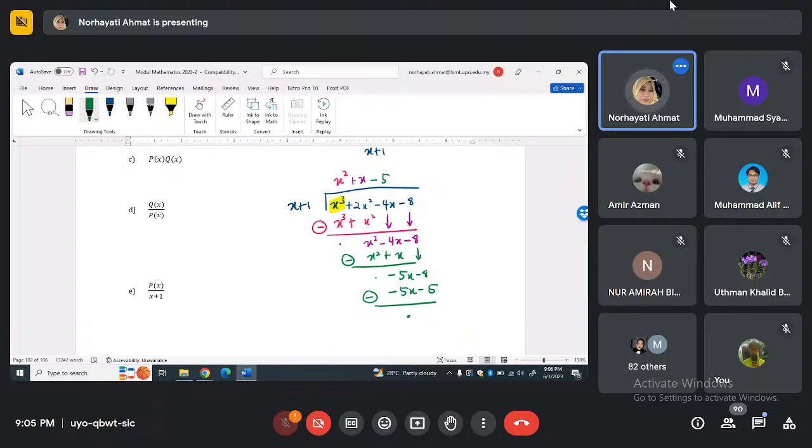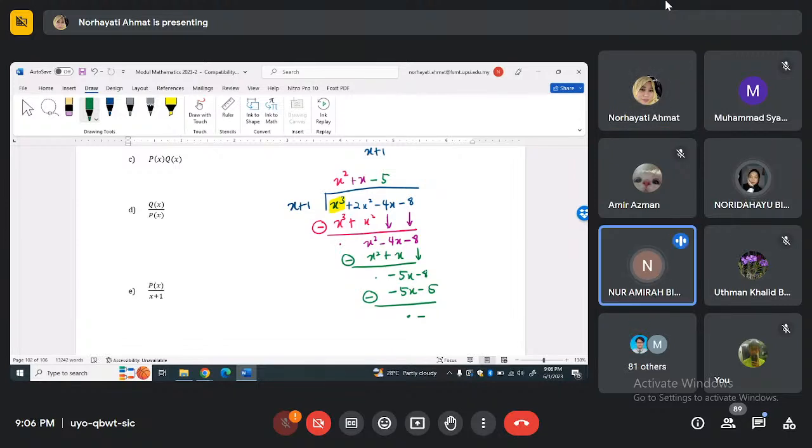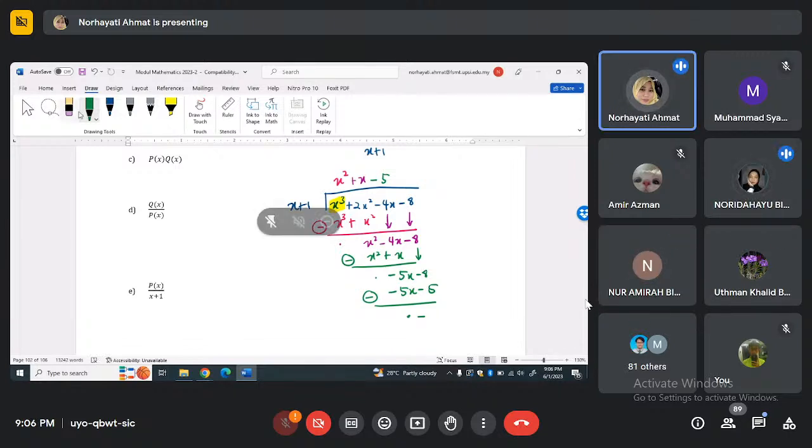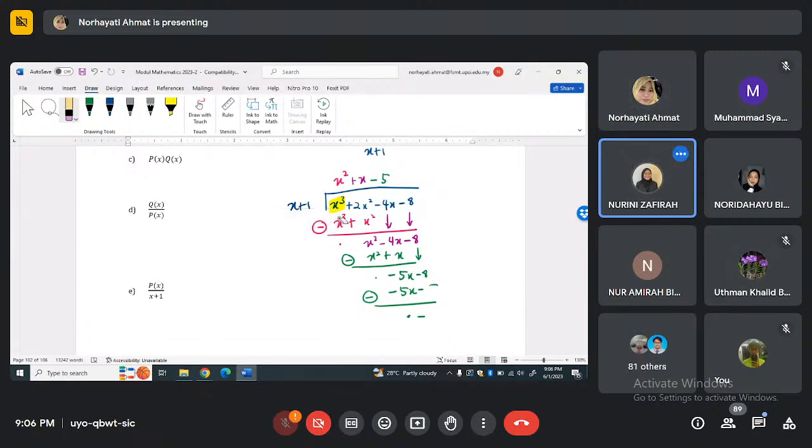So negative 8 plus 5 lah. We get negative 2. Ni, mungkin tulisan saya tadi salah. Negative 3. So negative 8 minus negative 5 gives us negative 3.